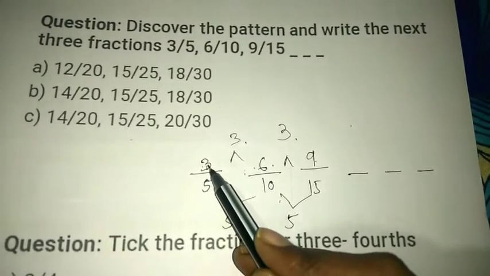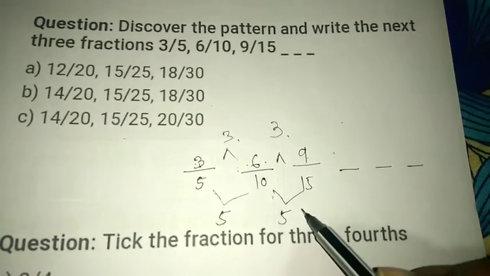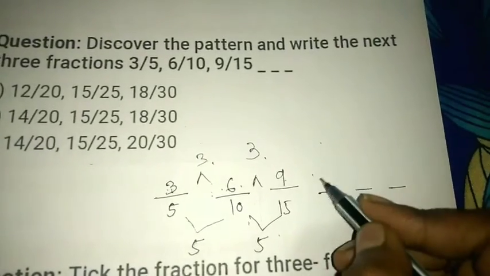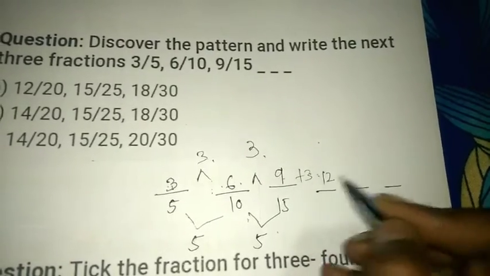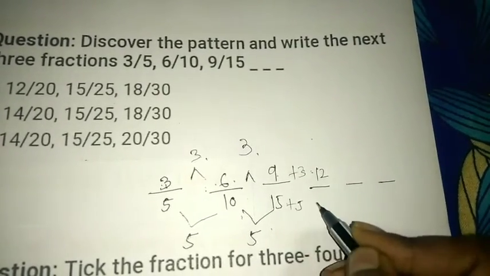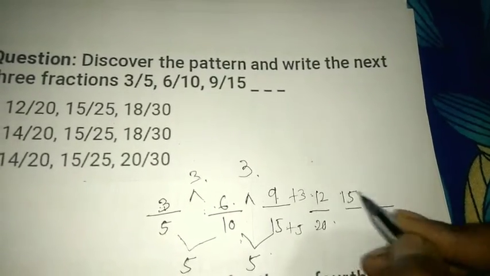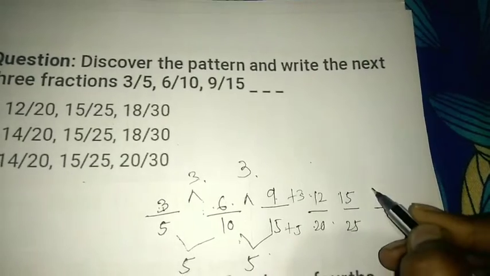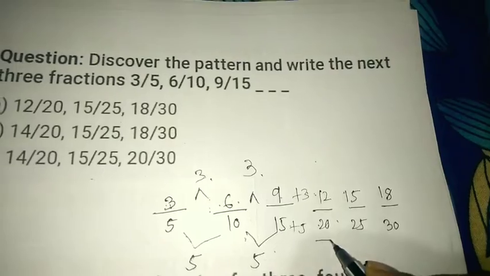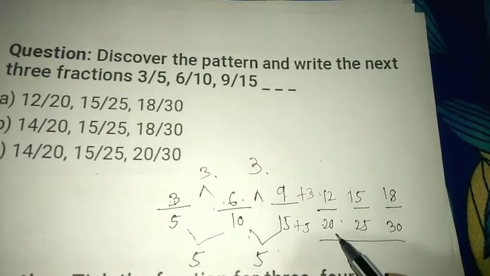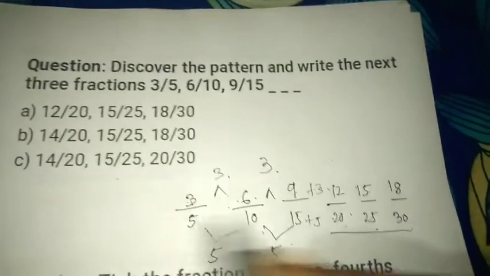So we know that the numerator's difference is 3 and the denominator's difference is 5. Similarly, it will be 9 plus 3, 12, and 15 plus 5, 20. Similarly, it will be 15 by 25 and 18 by 30. So our fractions are 12 by 20, 15 by 25, 18 by 30, which is the option.